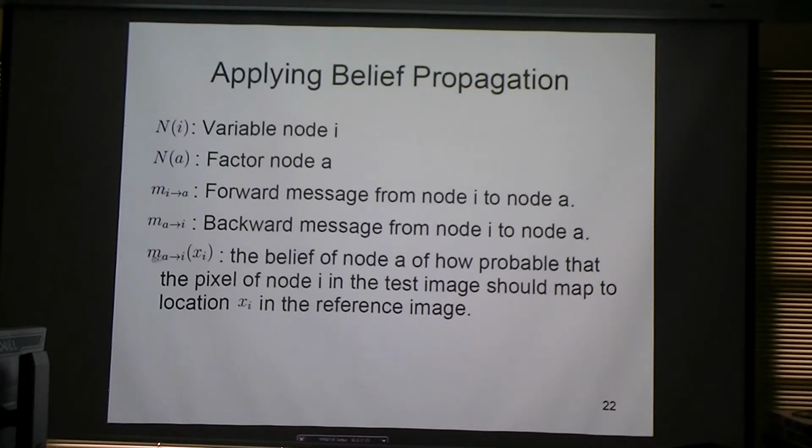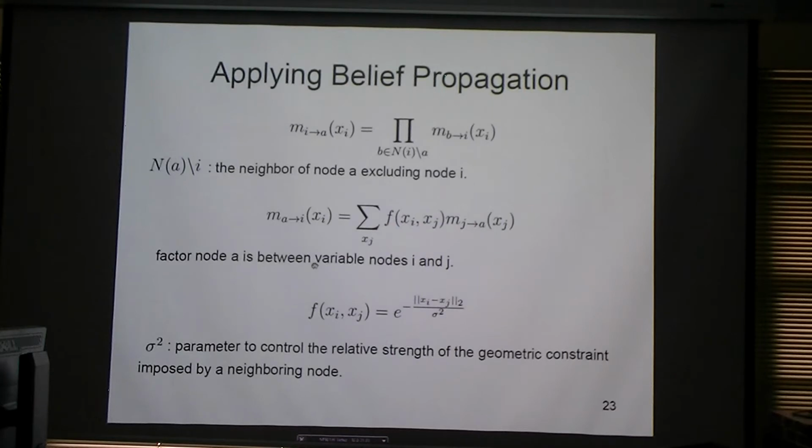Also, the belief of node i shows how probable it is that the pixel of node i in the test image maps to location Xi in the reference image. So the first equation, for finding Mia, is for updating Mia for all of the variable nodes and factor nodes.